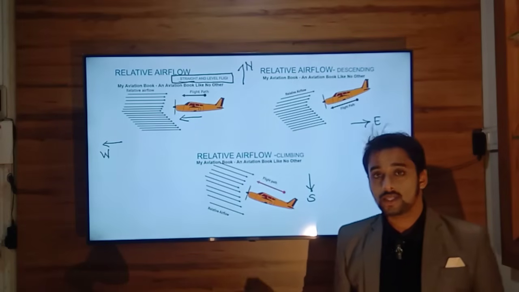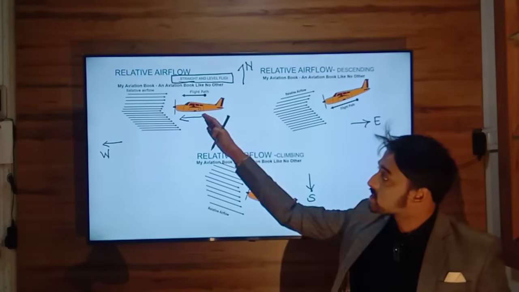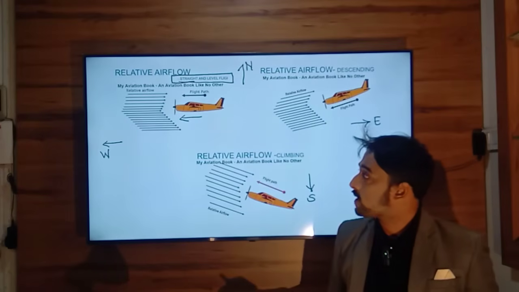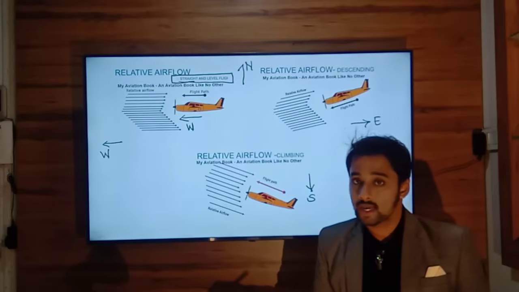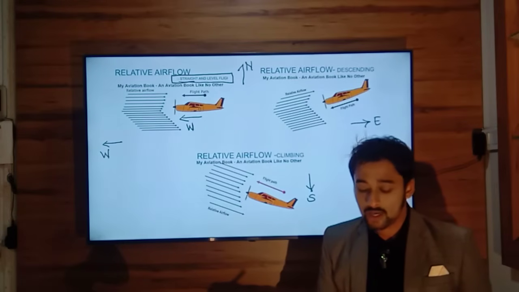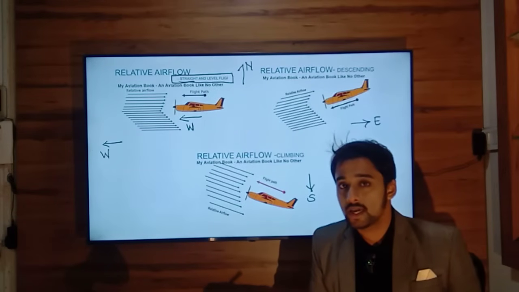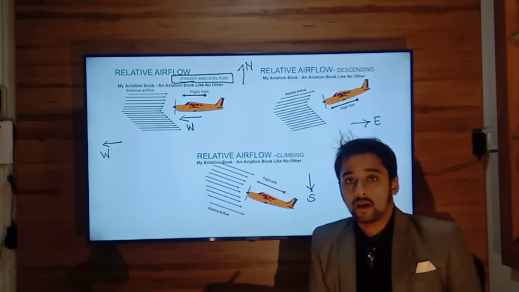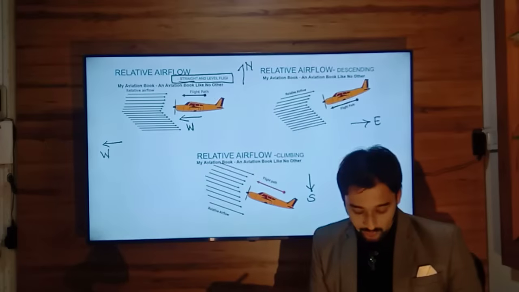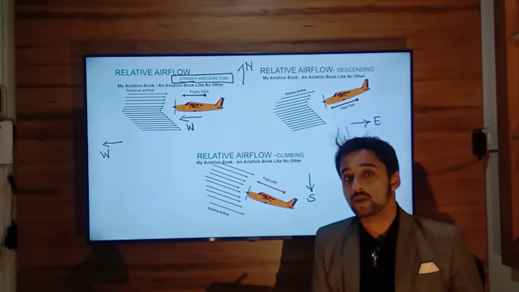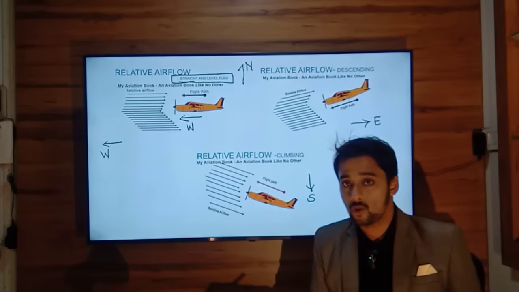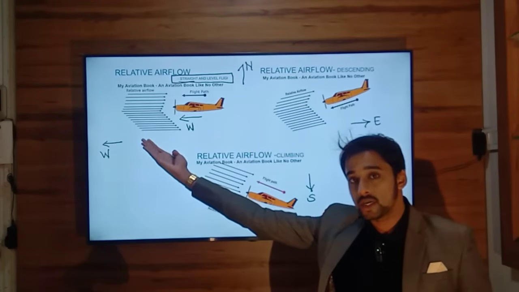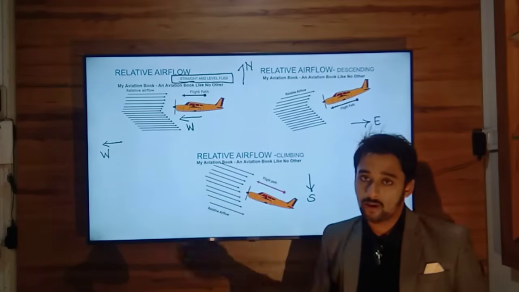As you can see, in this case of straight and level flight, your aircraft is flying in a westerly direction and it is flying straight and level, meaning not a climbing attitude, not a descending attitude, not a turning attitude, just straight and level, in line with the horizon. So what will happen as a consequence of that flight path? There will be a generation of relative airflow which will be coming from the opposite direction and parallel to your flight path.